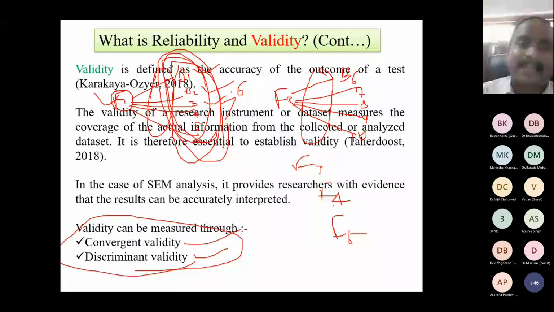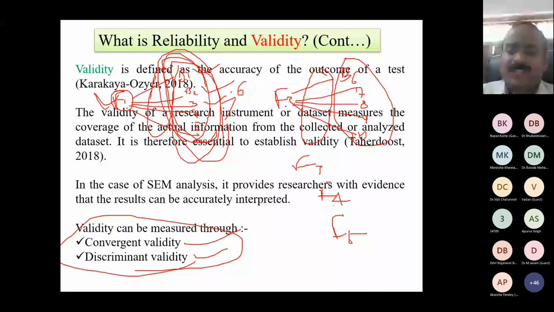discriminating F1 from rest of the constructs or from rest of the latent variables or from rest of the factors, whatever you say. Likewise, these 5 variables or indicators, how far discriminating F2 from rest of the 4 constructs.